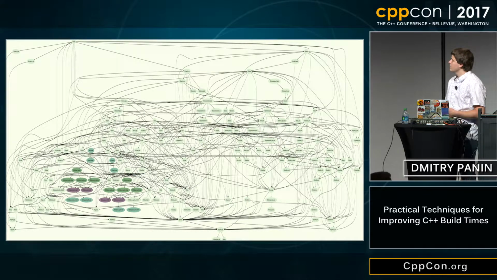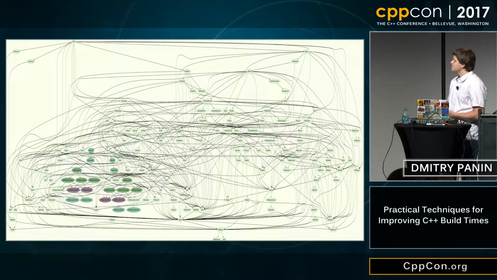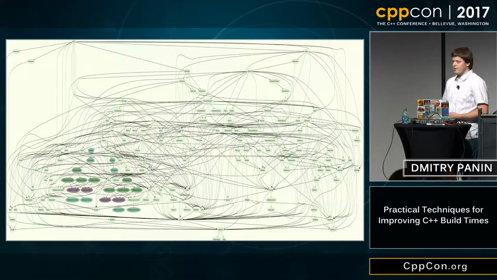Has anyone heard about Folly? Yeah, so this is the graph of Folly. And it's a fairly tiny project. We have way bigger projects that depend on Folly, and the graph is already quite complicated. But Buck can handle such graphs perfectly fine.